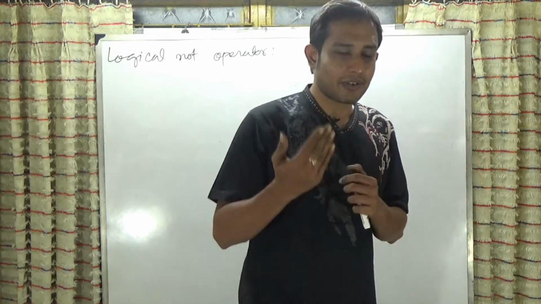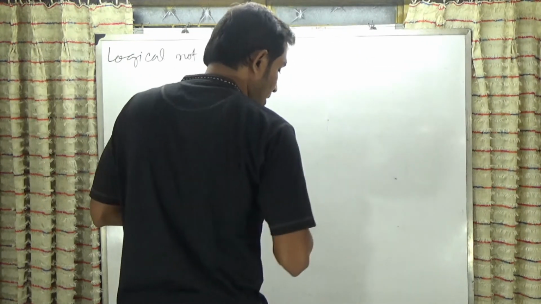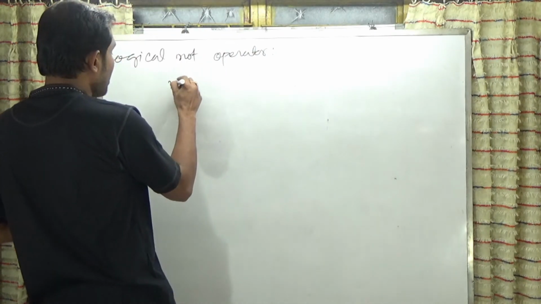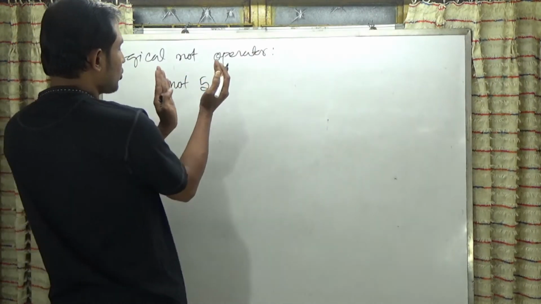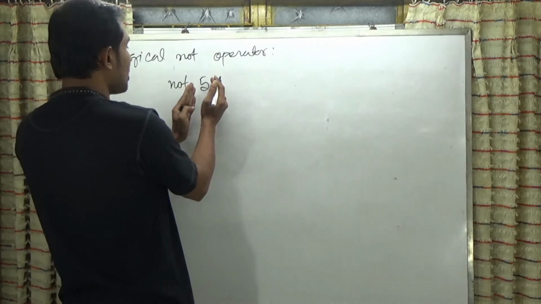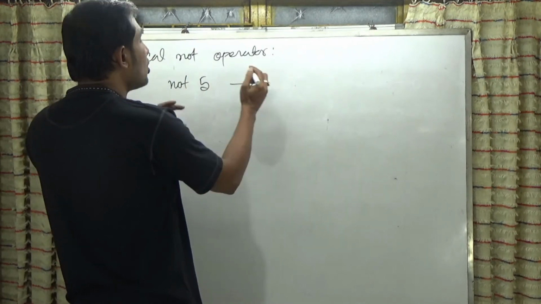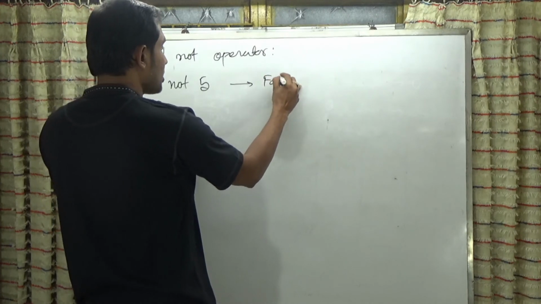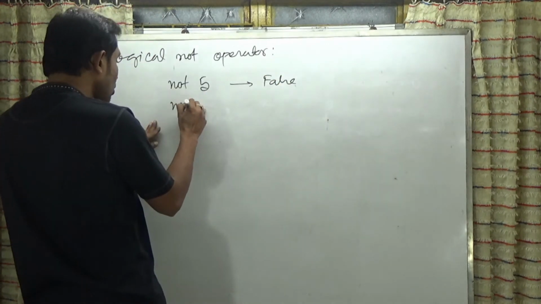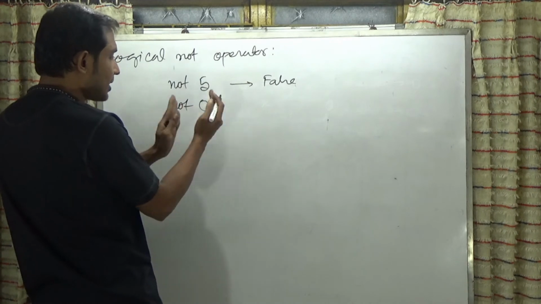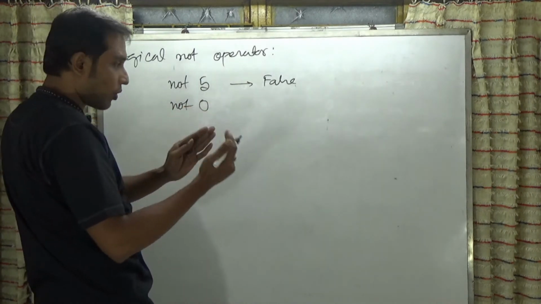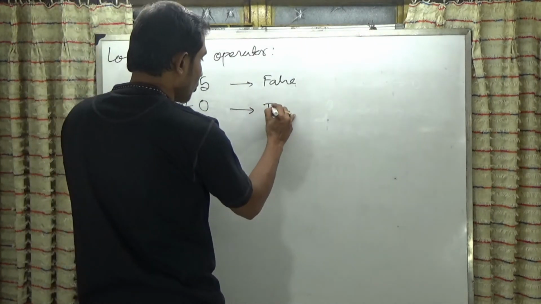So it just returns the opposite value. Suppose not 5. The truth value of 5 is true, because it is not None and not 0, so it returns false. And not 0: as the truth value of 0 is false, it returns true.